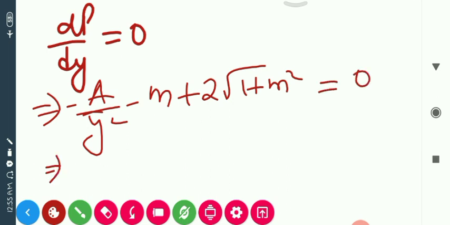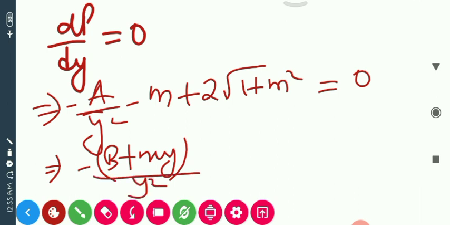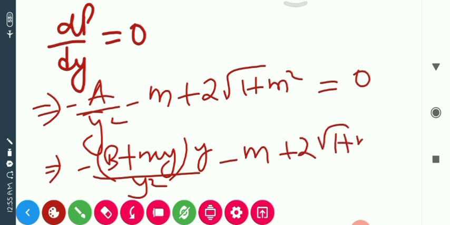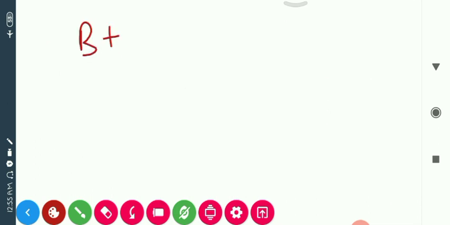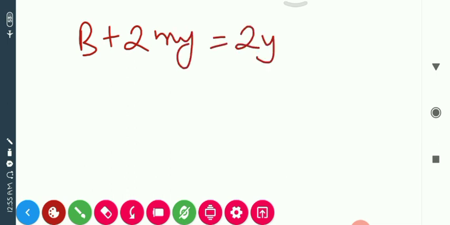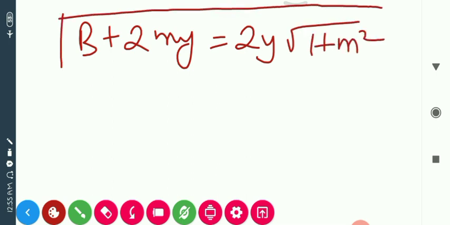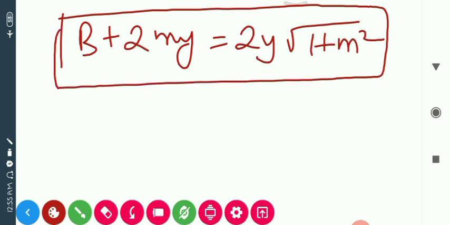Putting the value of A, minus (b plus my) y by y square, minus m plus 2 under root 1 plus m square equal to 0. If we go on deriving, we get b plus 2my equal to 2y under root 1 plus m square.